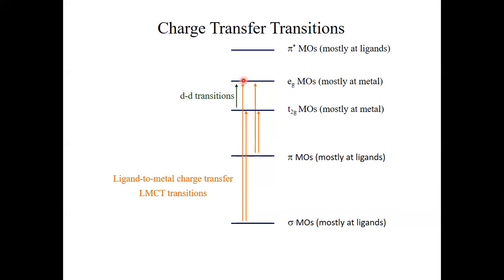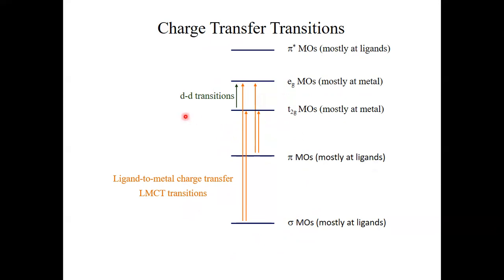And these transitions can be in the visible range if the energy difference between the metal orbitals and these bonding molecular orbitals is just small enough so that the electron transition occurs within the visible range. And we can talk in a moment under which circumstances this is actually the case.